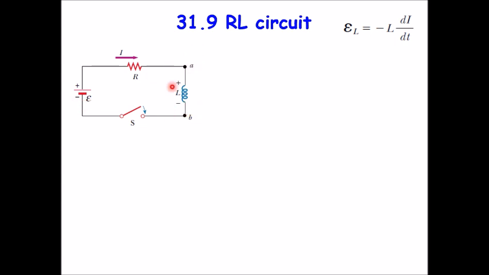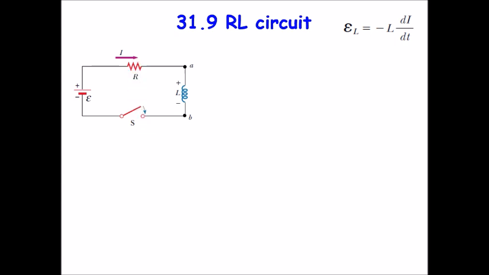Now, how can we treat the inductance? Well, we can treat it by replacing it with the induced EMF, given by this formula, minus L di over dt. The switch was open, so the current was 0, and we close it.